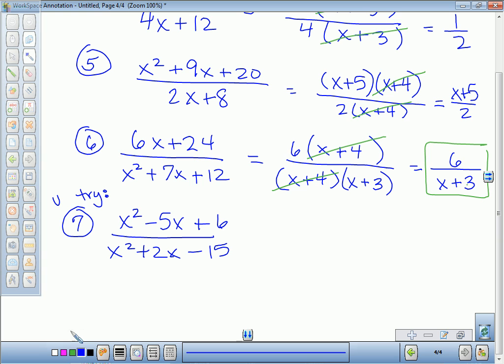What does the top factor into? Could the top factor into x minus 6 and then x plus 9? Does that give you a positive 6 when you multiply them?